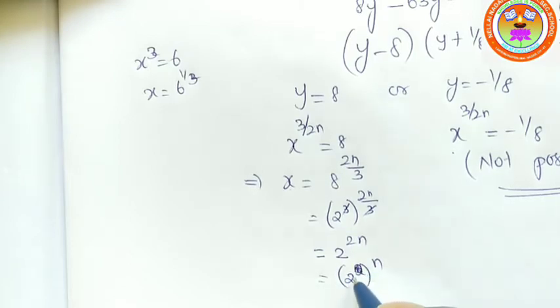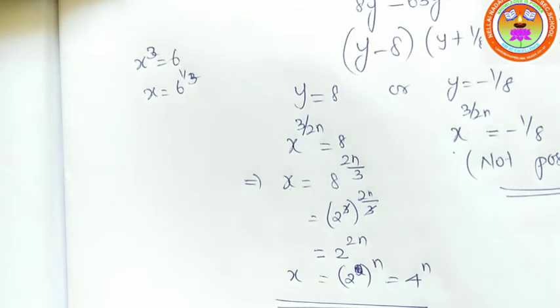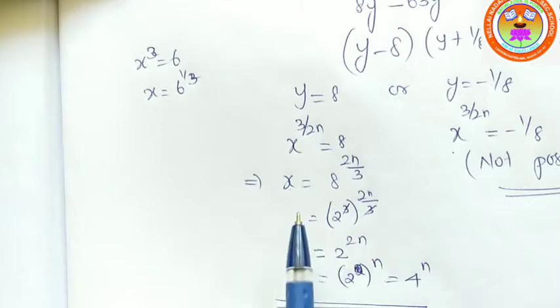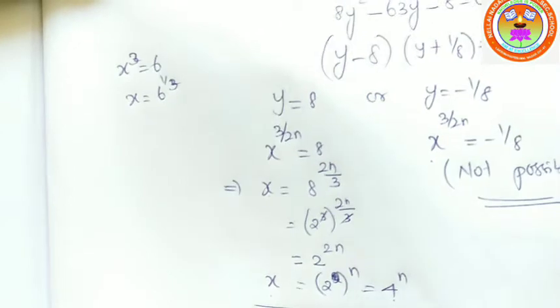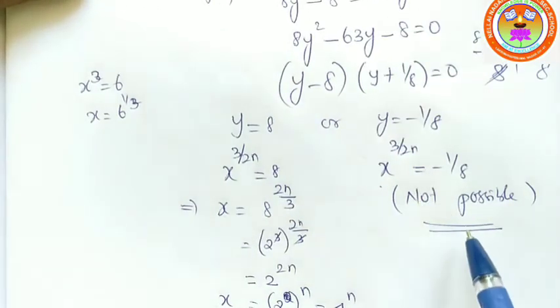So 2 square. 2 square is 4. So 4 power n. That means x is equal to 4 power n. Okay? So our aim is to solve. Solve means to find the unknown. So the unknown is x. So x is equal to 4 power n. But the second part is not possible. Okay?